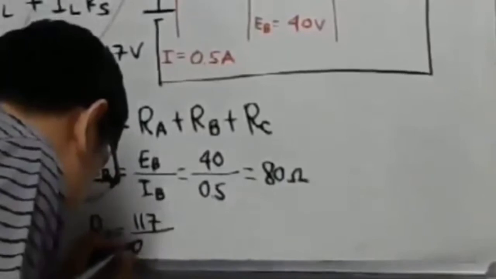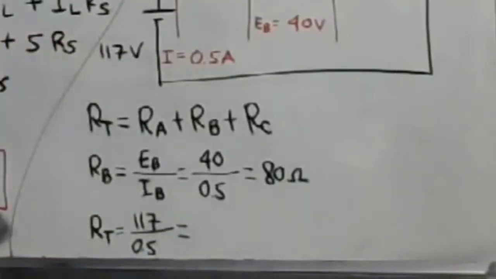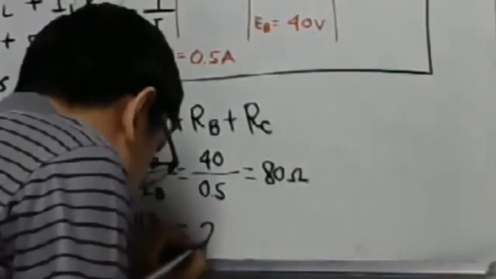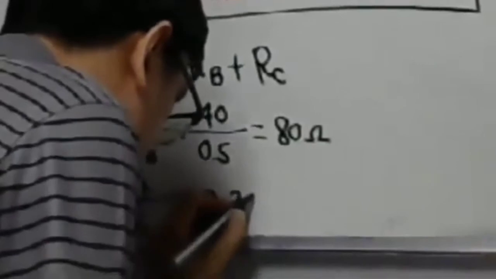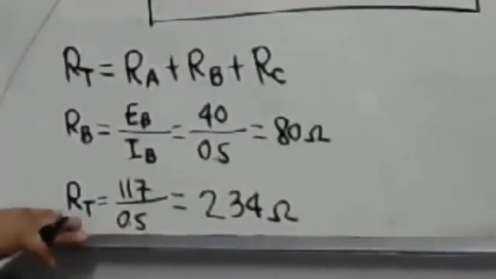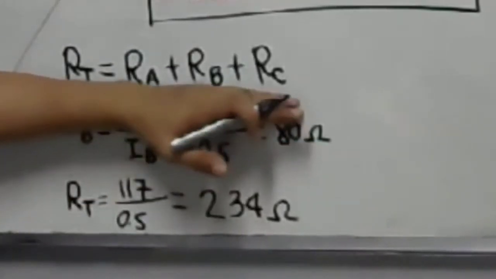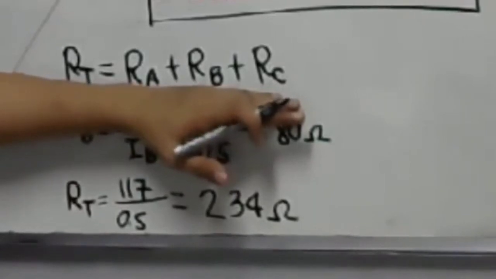So our total resistance is simply equal to 117 divided by 0.5. So the answer is 234 ohms. That is our total resistance.